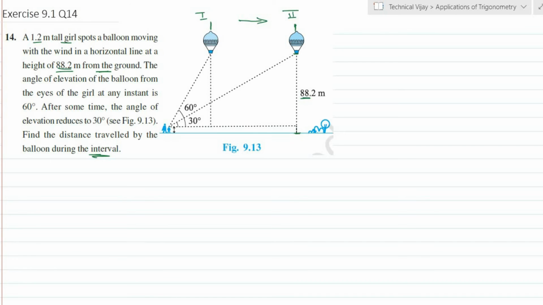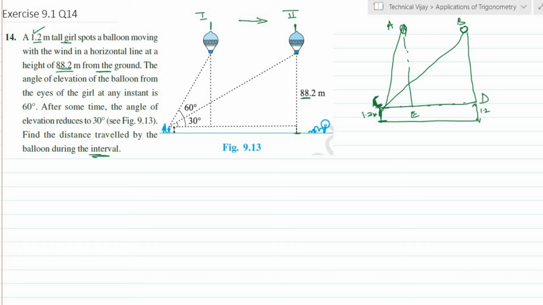See here, the girl is 1.2 meters tall. So she has a height of 1.2.